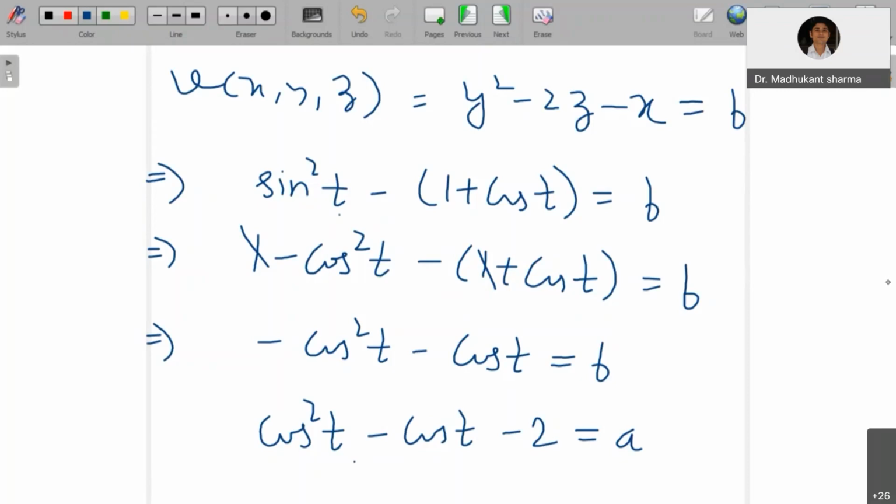But can we, because we have to get the pure relation between a and b? Then we can substitute this value in one of the equations, and then we can get the relation between a and b.